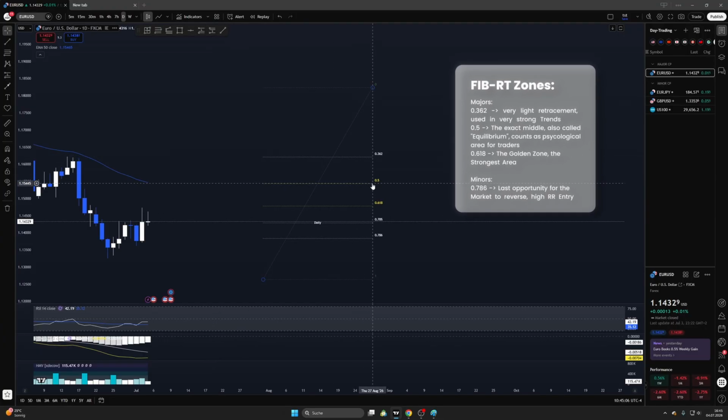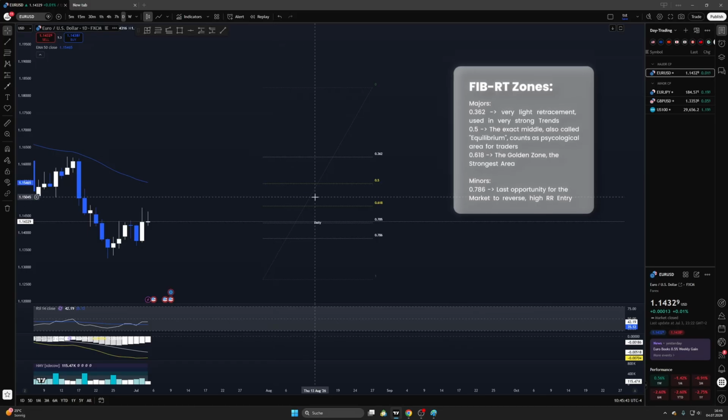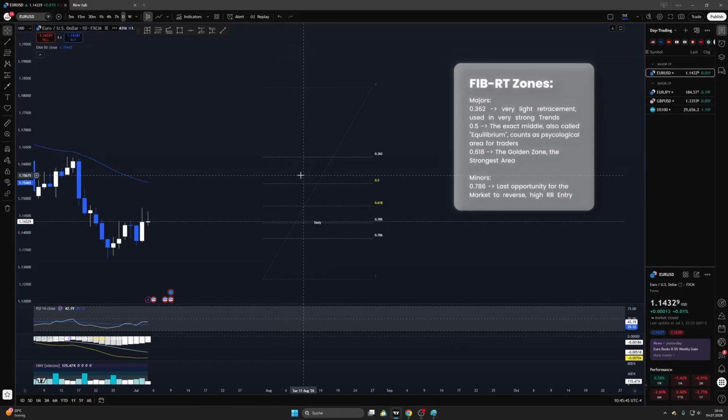The second one, the 0.5. And the most important one, also called the golden zone, is the 0.618 zone. Most probable zone for the market to reverse and go up again to break the structure, right? These are the main major Fibonacci retracement zones we're looking at when we are searching for a re-entry, right?